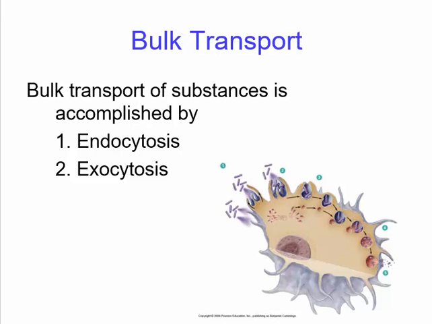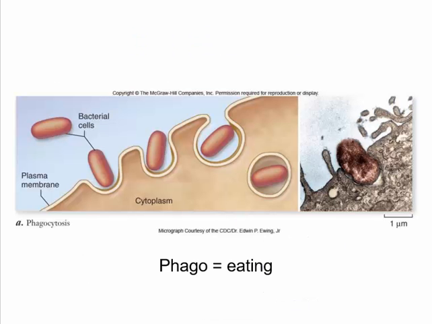And endocytosis is split into a couple of categories. One is phagocytosis. Phago or phagi means eating, and so this is larger things being taken up by the cell. I'll point out here, look at this bacterium. It's being encapsulated by this cell membrane, and then it ultimately forms a vesicle around the thing.